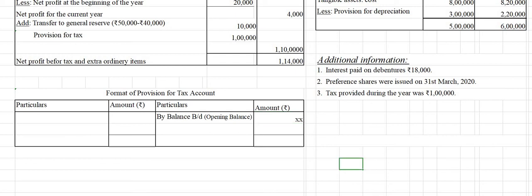If in the question nothing is given as tax paid, tax made, or tax provided during the year, or tax written off, what we have to assume is that the opening balance is paid, because it is the amount to be paid to government.